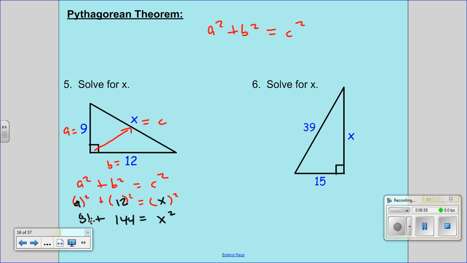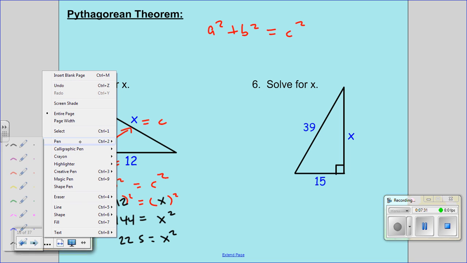Now add 81 and 144. I believe it is 225. And then to solve for x, again, we have to take the square root of both sides.